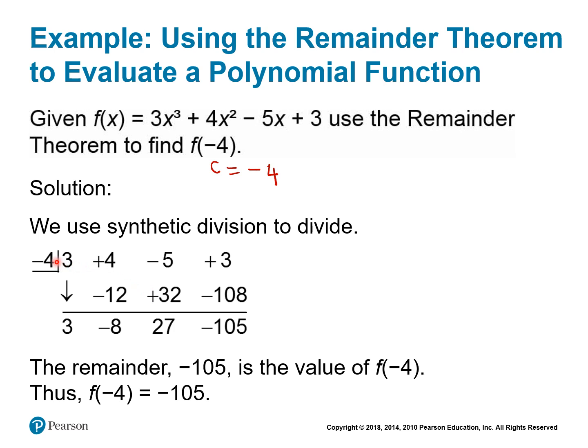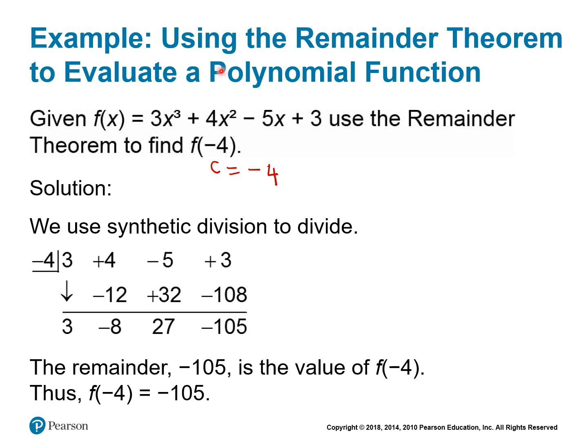Again, repeat the process. Minus 4 times 27 is minus 108. We write that below the last term here. So plus 3 plus minus 108 is negative 105. So over here, after performing the synthetic division, that's where we stop, right?